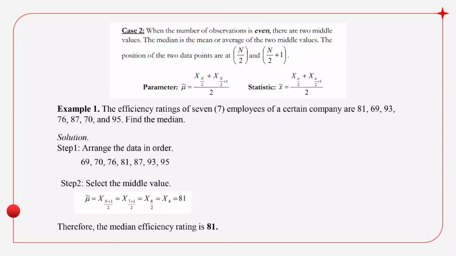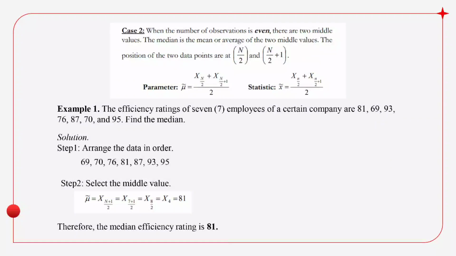Finding the parameter or the population, we have the formula N is equals to x sub n/2 plus x sub (n/2 plus 1), and then we divide by 2. Using the statistic, finding the sample, we have the formula X is equals to x sub n/2 plus x sub (n/2 plus 1), divided by 2.